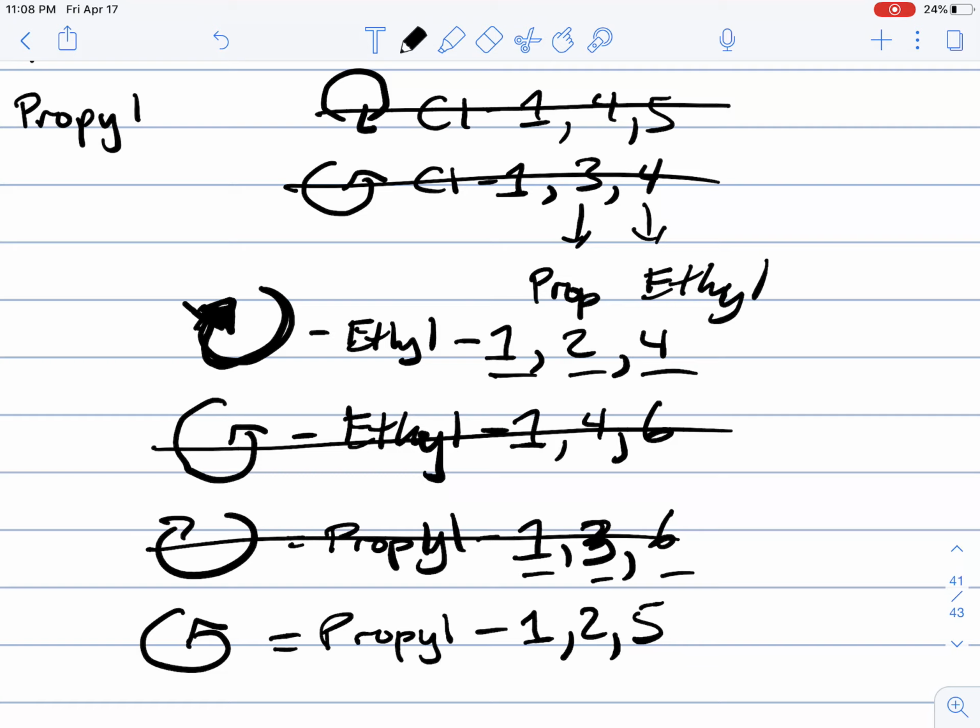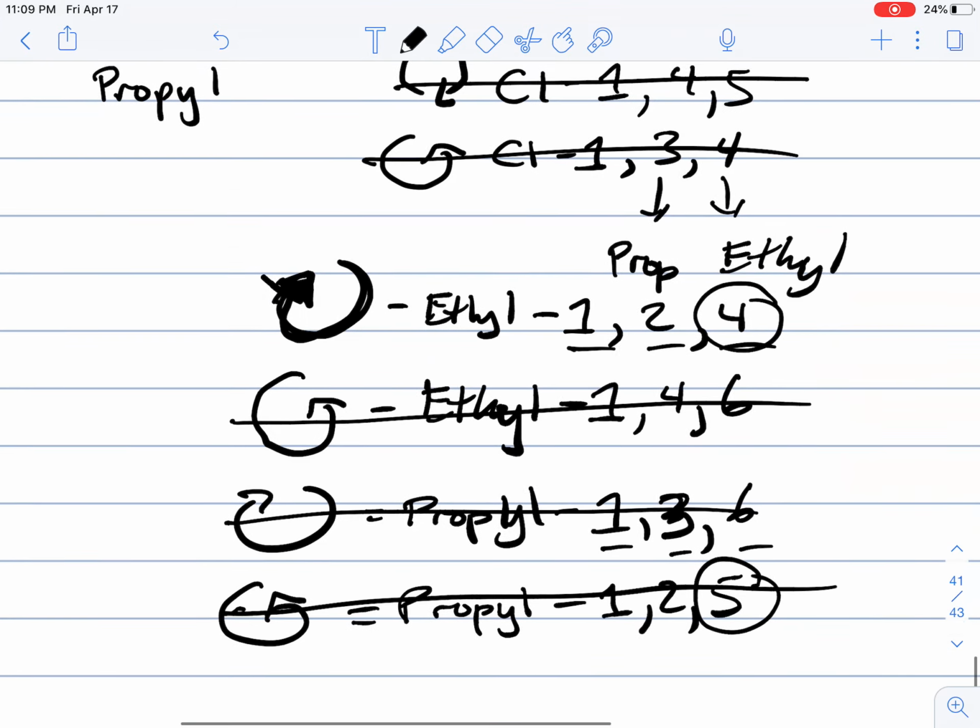If you guys look at propyl, if we deem propyl as carbon number 1, and if we number it counterclockwise, we get a combination of 1, 2, and 5. So 1 plus 2 plus 5 is going to be a bigger number than 1 plus 2 plus 4. We can already see the difference between 4 and 5. And so in this case, this guy is out of the picture.